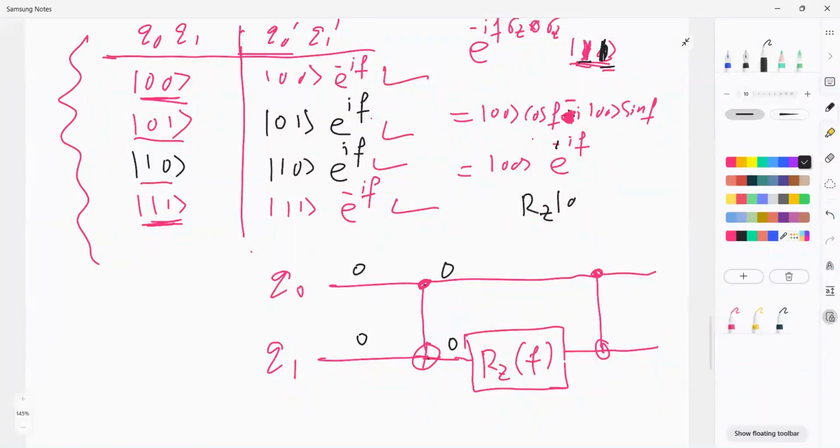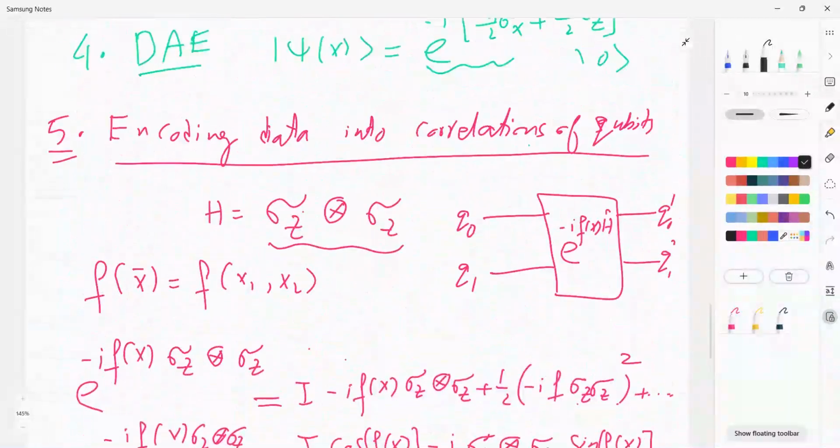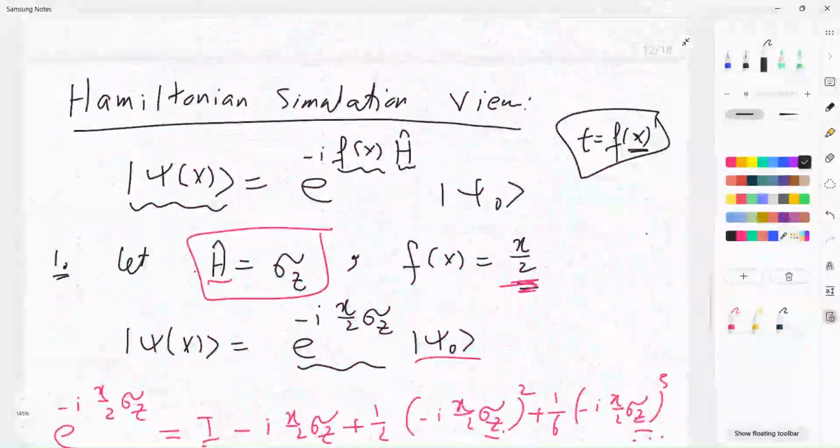If you apply it to the 0 state, you get exponential minus iota f, where you're applying a rotation by f. And if you apply the RZ gate to state 1, you get exponential plus iota f, which we can see from this matrix as well that we derived here initially in the Hamiltonian simulation part.